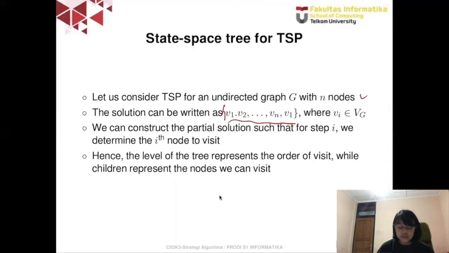So we can construct the partial solution like this. As an initial step, we can determine which node is our initial node, and then in step one, we determine which node we visit the first time from the initial node, and for the next step, we determine which node we visit next, and so on, so that the level of the tree will represent the order of visit, while children represent the nodes we can visit.